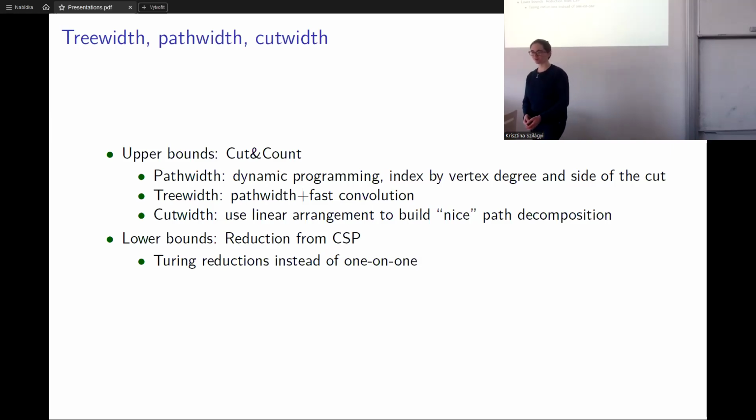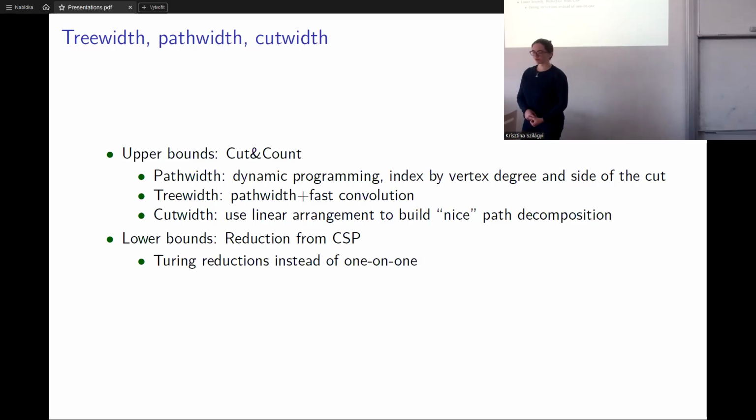That's also where this non-tight part of 2r plus 2 comes in. For cutwidth, we use a very similar idea: we use the linear arrangement that corresponds to the smallest cutwidth to build a nice path decomposition, and then we use the pathwidth algorithm.